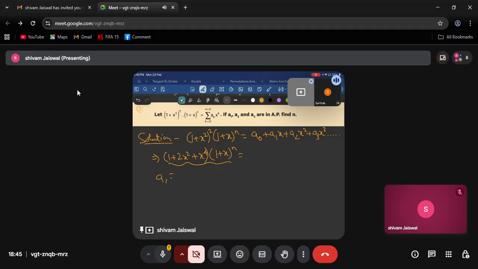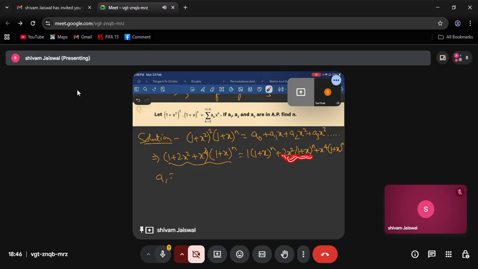So I'll make it simpler for you. It will be 1 into 1 plus x whole to the power n, plus 2x square into 1 plus x whole to the power n, plus x power 4 into 1 plus x whole to the power n. Now tell me, what is the coefficient of x? Sarthak, will you get the coefficient of x over here?